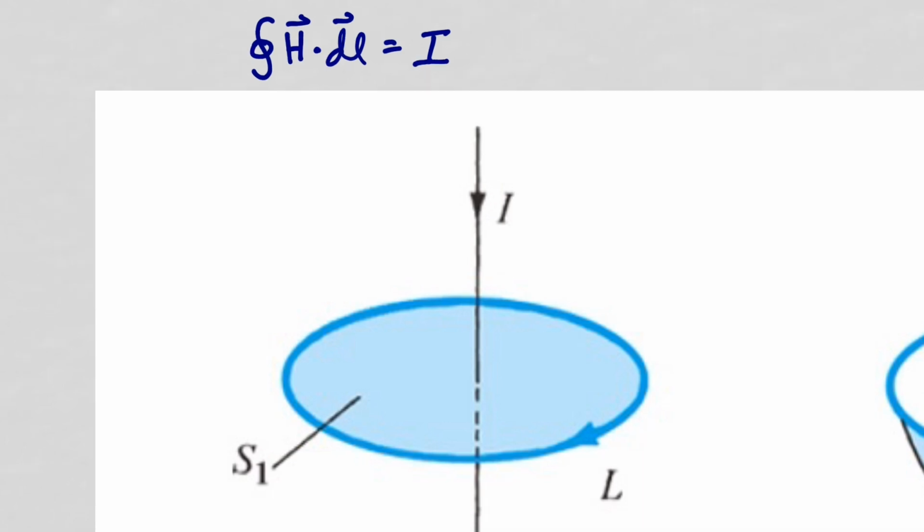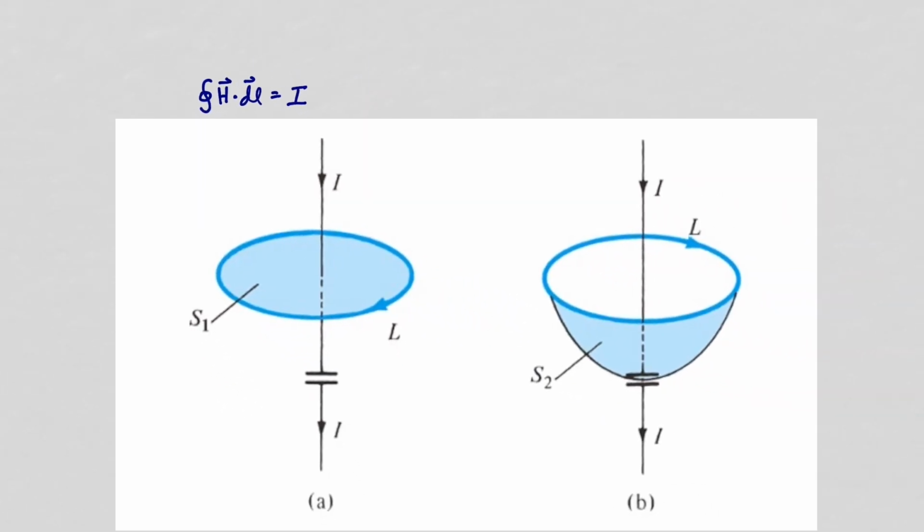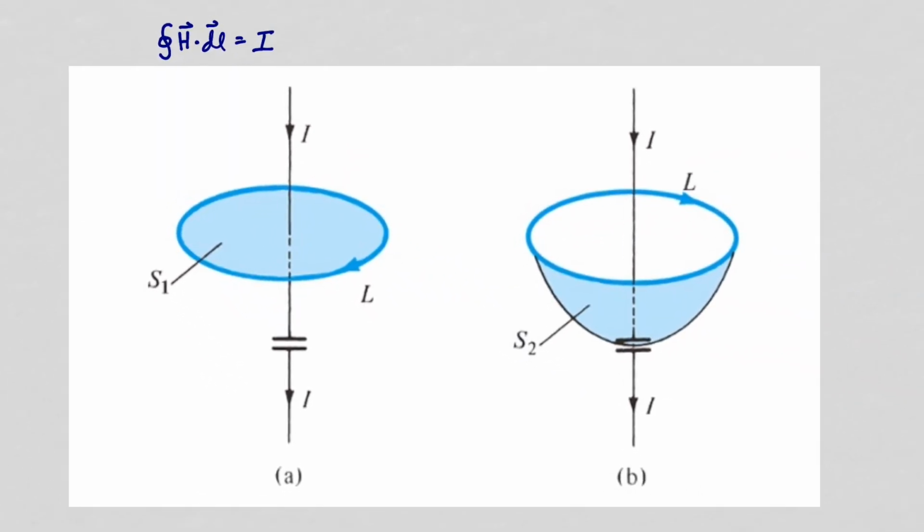Let's assume we have a DC current flowing in a wire, but let's attach that wire to a capacitor. And now if we choose as our surface a surface that goes through the capacitor, we see there's no actual current flowing through this surface now.